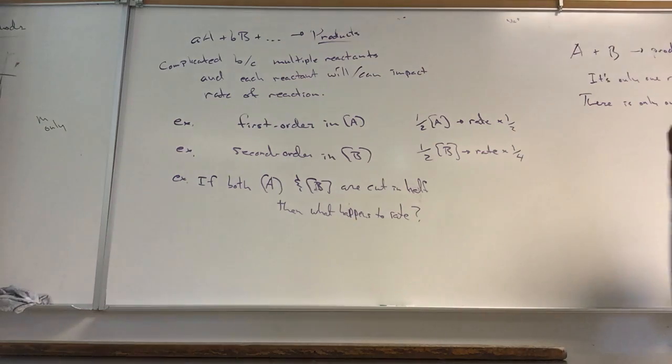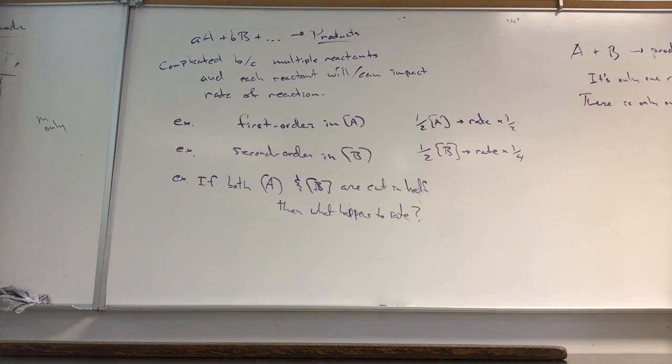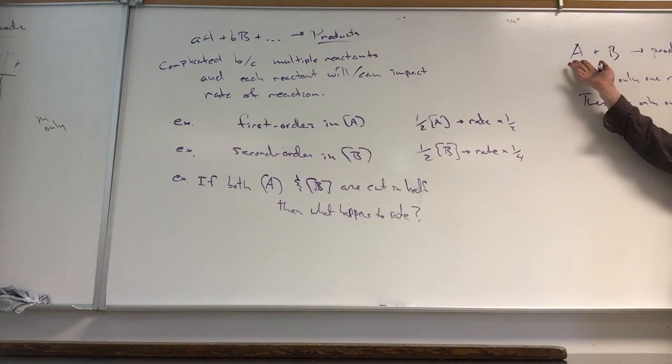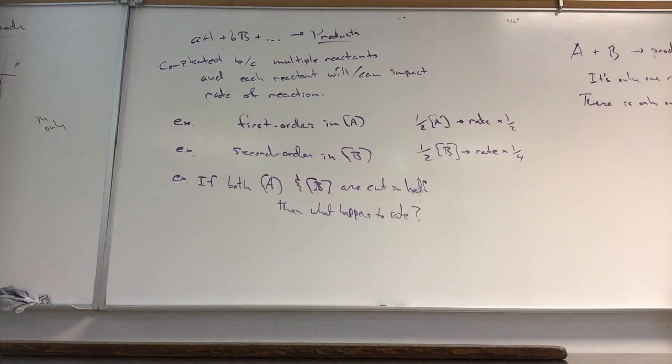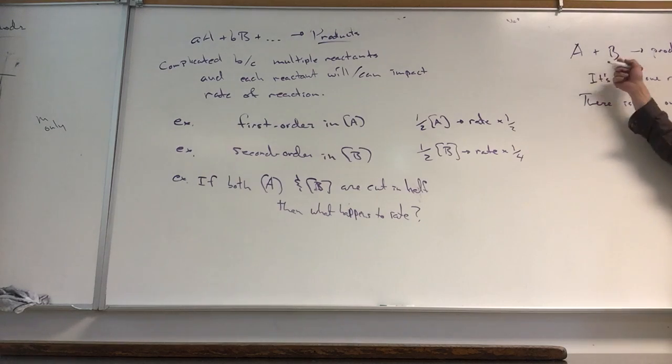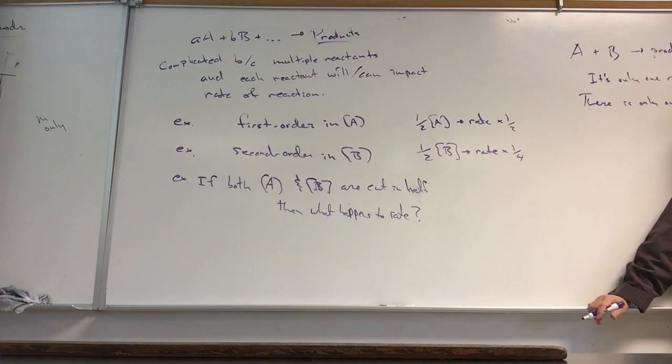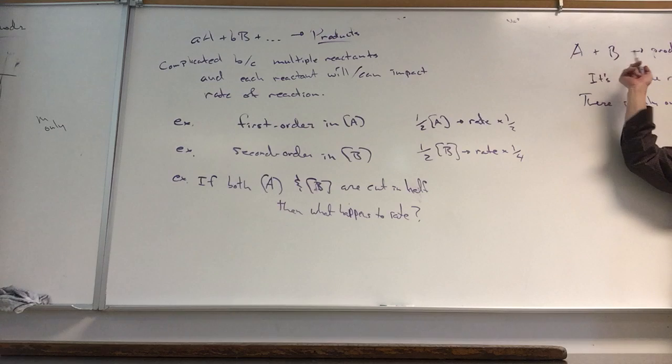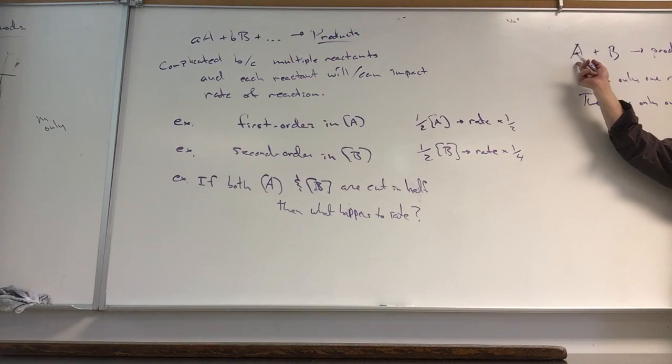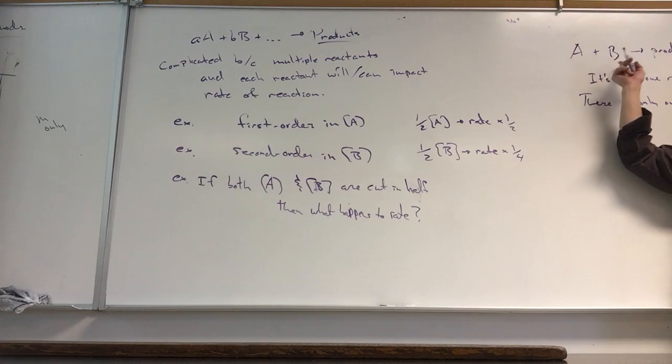So, is it possible like this? Let's say A and B get consumed at different rates. Let's say it's a 1-to-1 stoichiometric ratio. And so for every 1 mole of A, I need 1 mole of B. Well, if I consume half a mole of A, is it possible to consume 1 full mole of B?